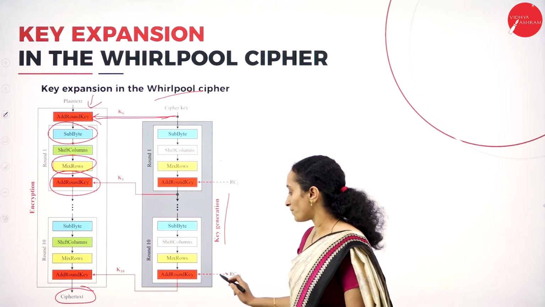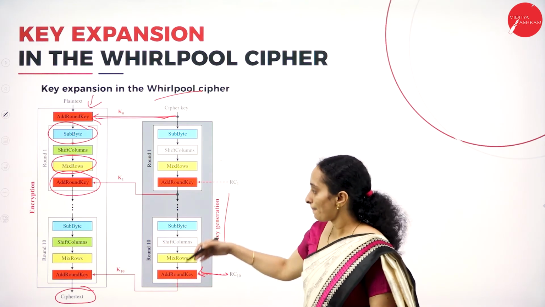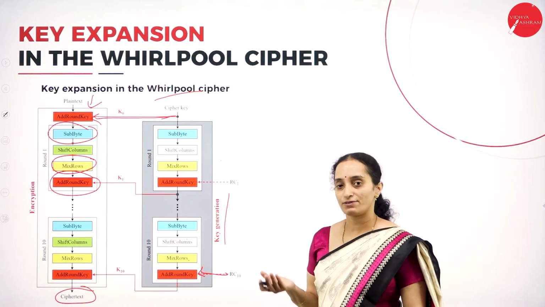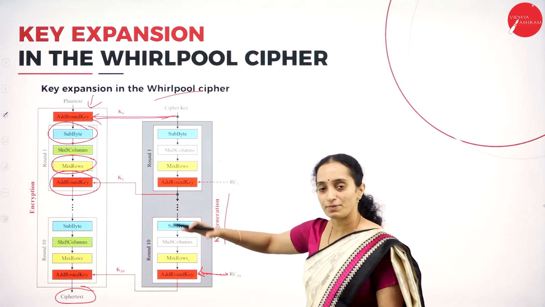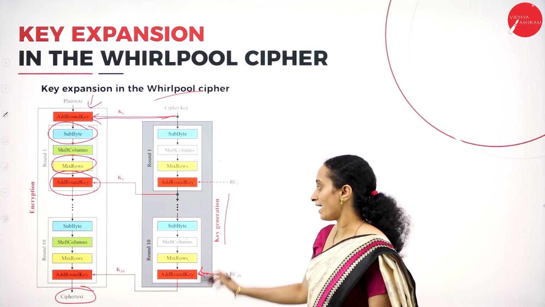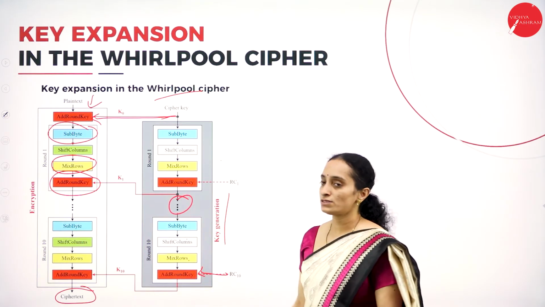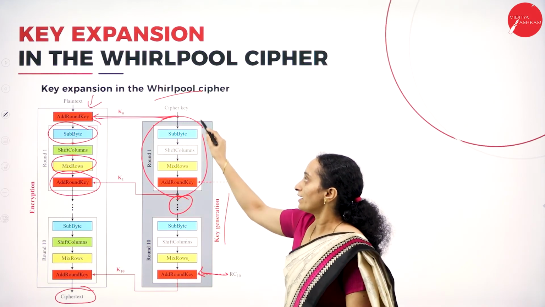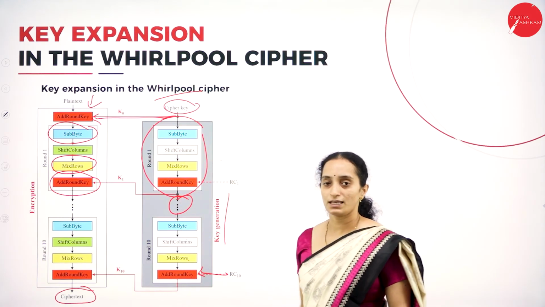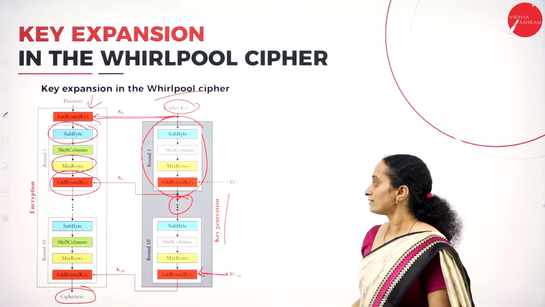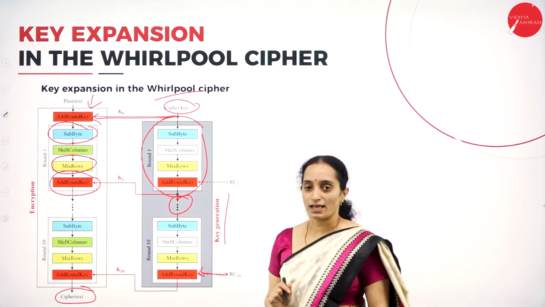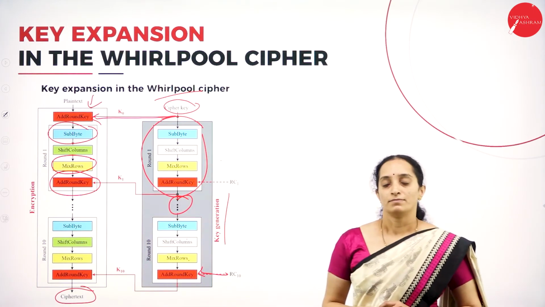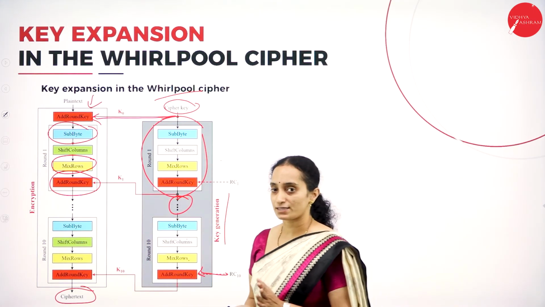So key is applied to add round key, mix rows, shift columns and subbyte. Reverse of all these steps will be done in reversal order as well. So we use all the 10 rounds to get the final cipher key. Okay, so this is the Whirlpool cipher we can use to transform the plain text to cipher text.